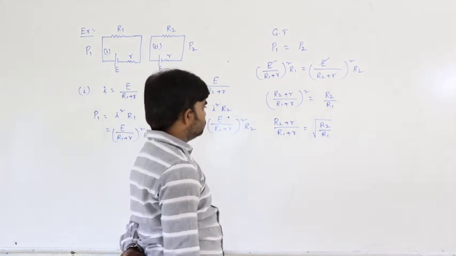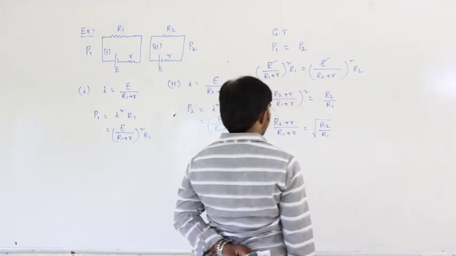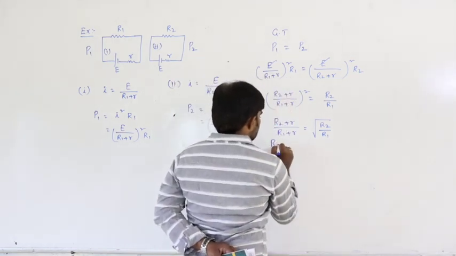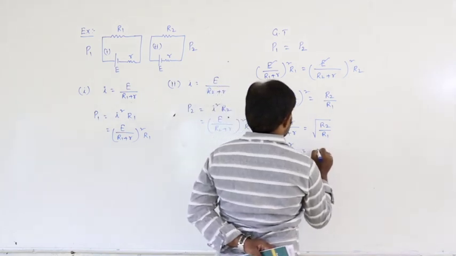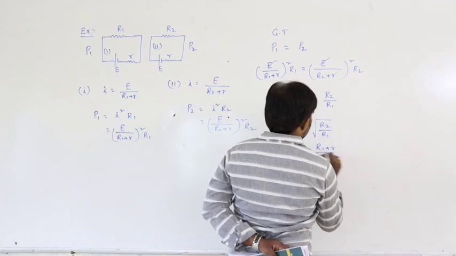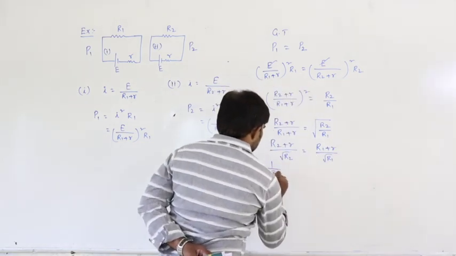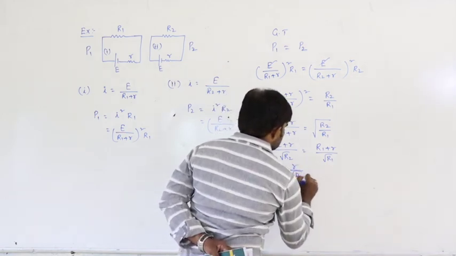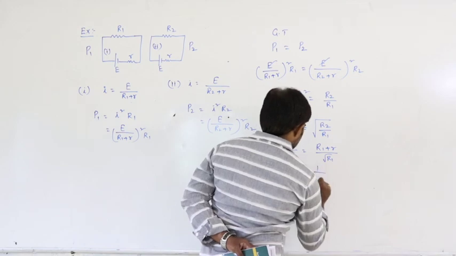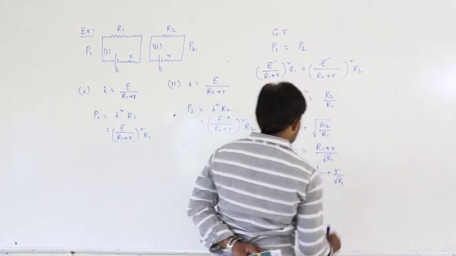Now R2 plus small r divided by root R2 is equal to R1 plus small r divided by root R1. So that is 1 by root R2 plus r by root R2 is equal to 1 by root R1 plus small r by root R1.